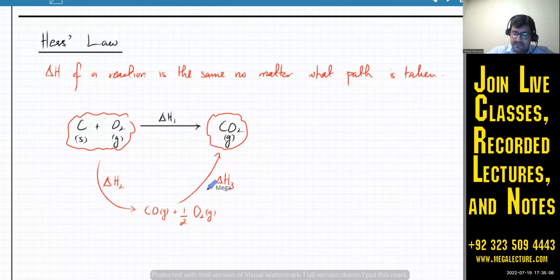What did Hess Law state? Hess Law states that this direct path and this indirect path over here, they have the same enthalpy change. Because at the end of the day, you're making carbon dioxide, right?